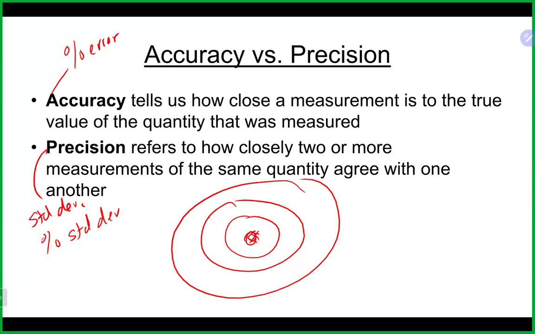Standard deviation is a measurement that you do for all the numbers that you got and compare them to each other. Percent error is something that you come across a lot in chemistry. You use it a lot when you're doing experiments to figure out how good or bad you did that experiment.